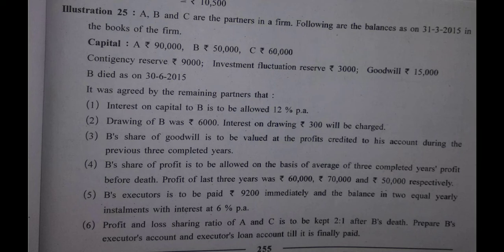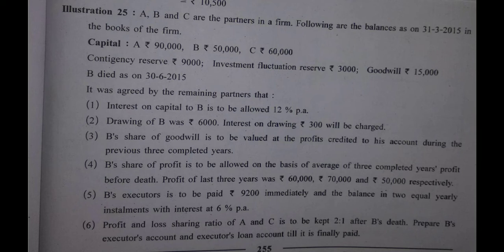B's executor is to be paid rupees 9,200 immediately, and the balance in 2 equal yearly installments with interest at 6% per annum. Lastly, profit and loss sharing ratio of A and C is to be kept 2:1 after B's death.